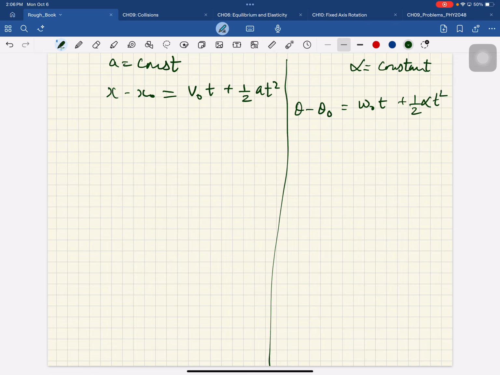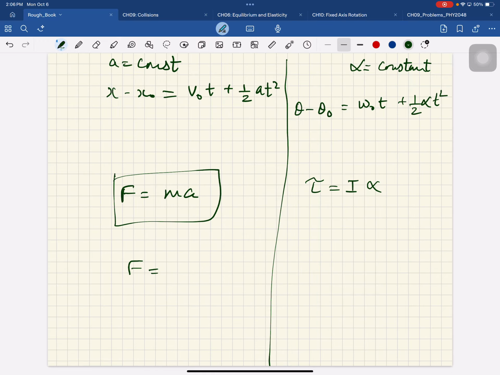What is Newton's second law? Force equal to mass times acceleration. Torque will equal, mass gets replaced by moment of inertia times alpha. What is the grown-up version of Newton's second law? This was a special case.